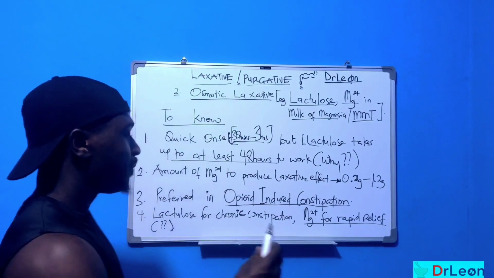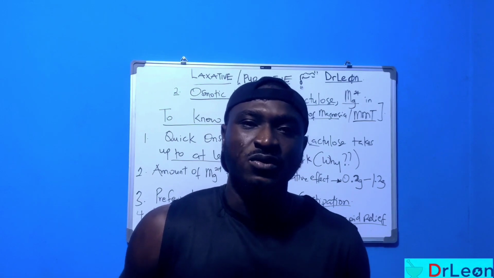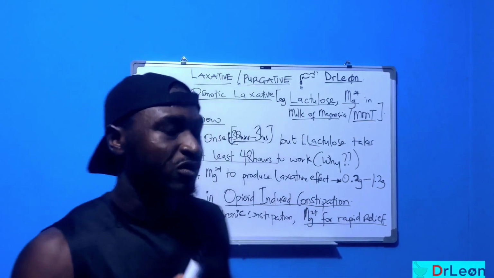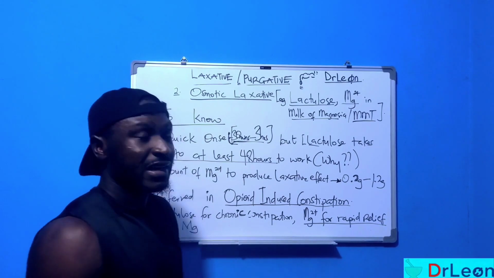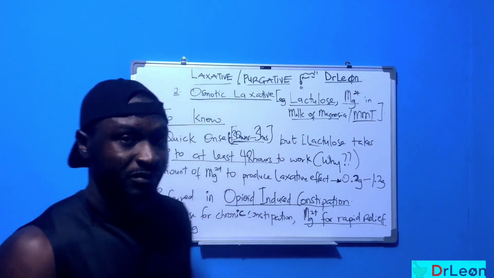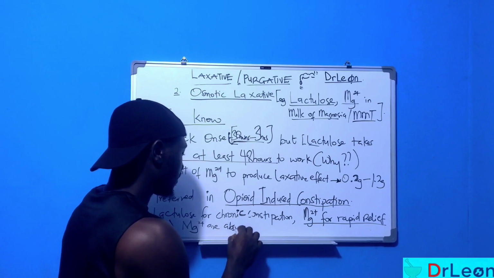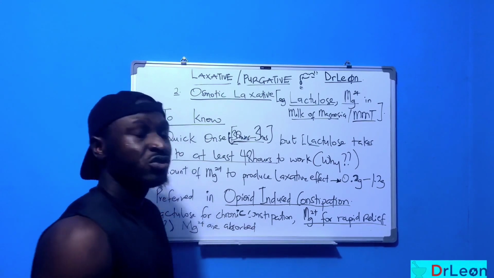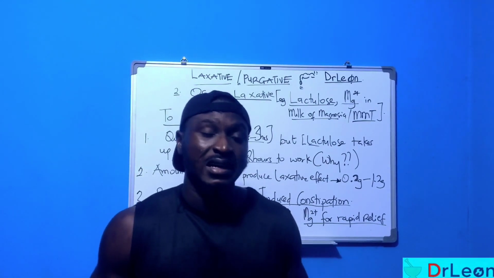But you can't use the magnesium-containing laxative for a long period of time or regularly, because even though we are saying they are poorly absorbed, some of the ions are absorbed, and using it for a long period of time can actually harm our kidneys.